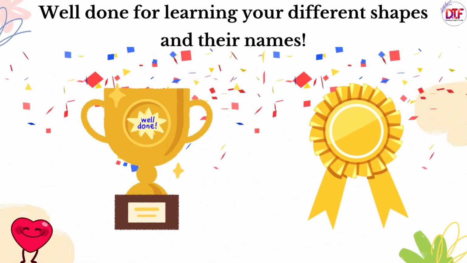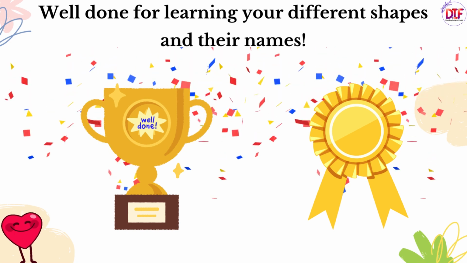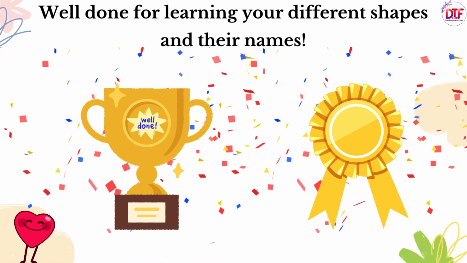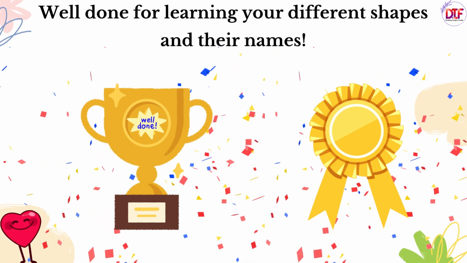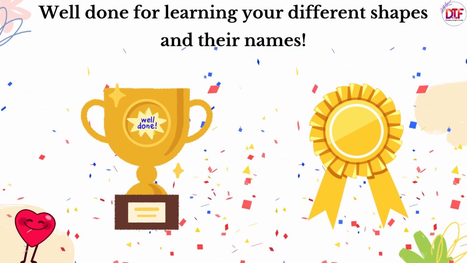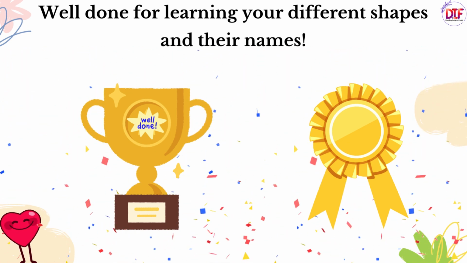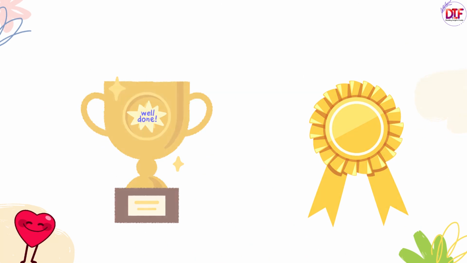Yeah, well done. Now you know your different shapes and their names. Congratulations. If you don't know any shape, you can come back here and have a look or ask the adults around you. They will help you.